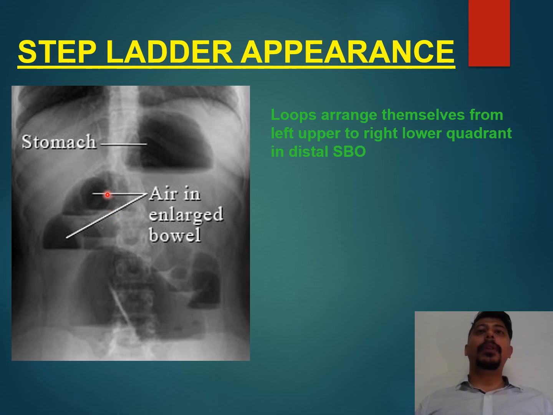Loops arrange themselves from the left upper to right lower quadrant in the distal small bowel. So left upper then right lower quadrant. So these are the multiple dilated bowel loops we can appreciate in the center of the abdomen. This is the characteristic feature of small bowel obstruction. If they are peripherally arranged and dilated with air fluid levels, then that will be large bowel obstruction.